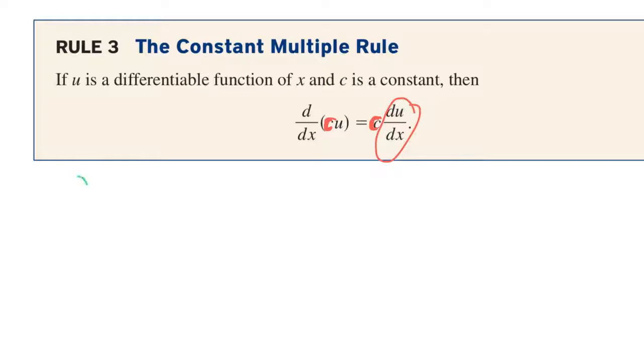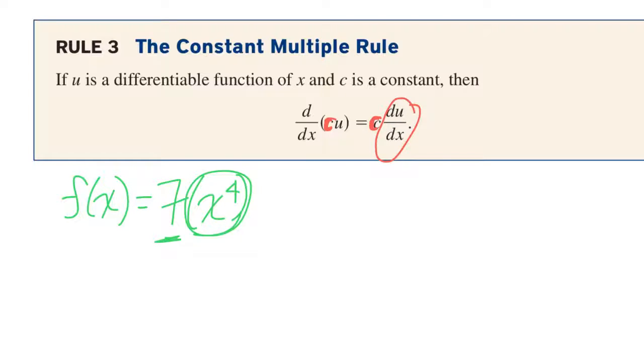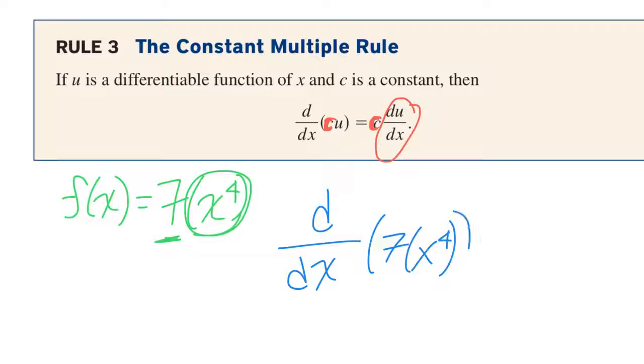So if f of x is 7 times x to the 4th, what we're going to do is take our constant here, 7, and put it on the outside of the derivative of this part of the function right here. So we can say d dx of 7x to the 4th, and yep, we're nesting a whole bunch of parentheses here.